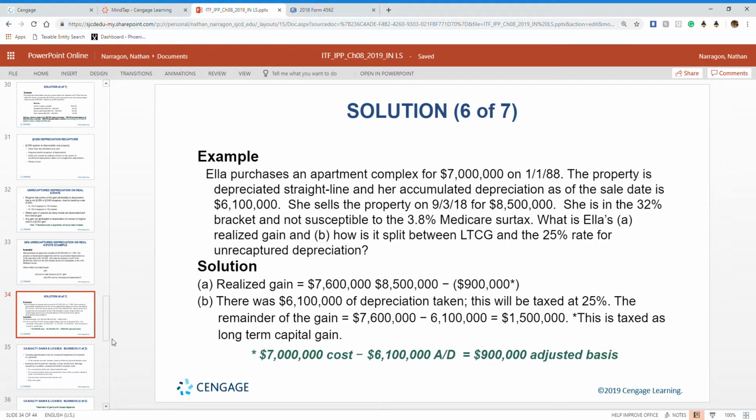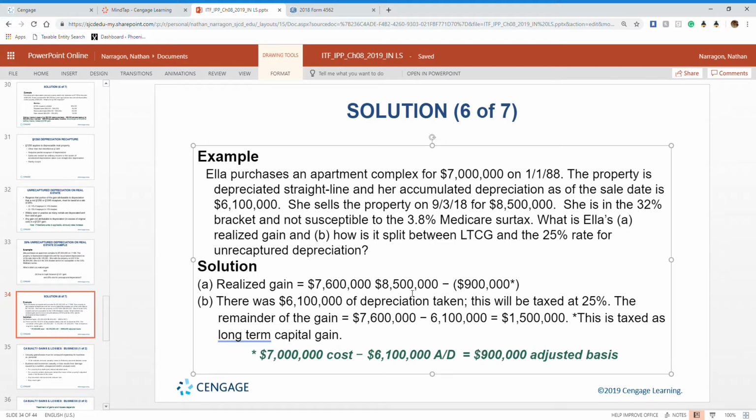Well, this is how it goes. So, first off, the realized gain is going to be the $7,600,000, and it's basically equal to $8,500,000 minus $900,000.